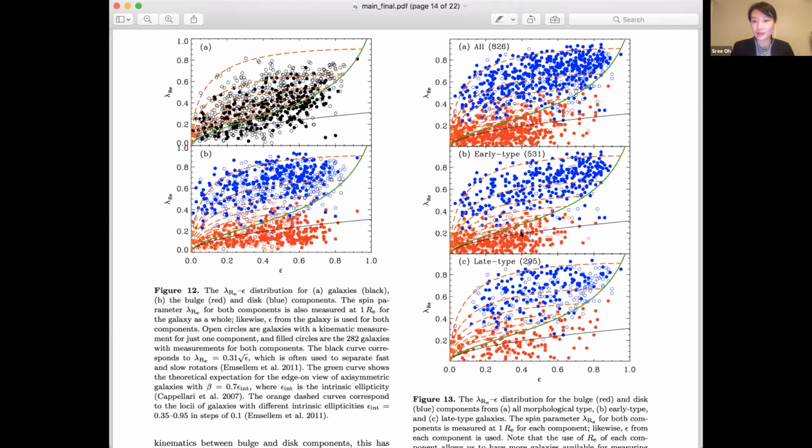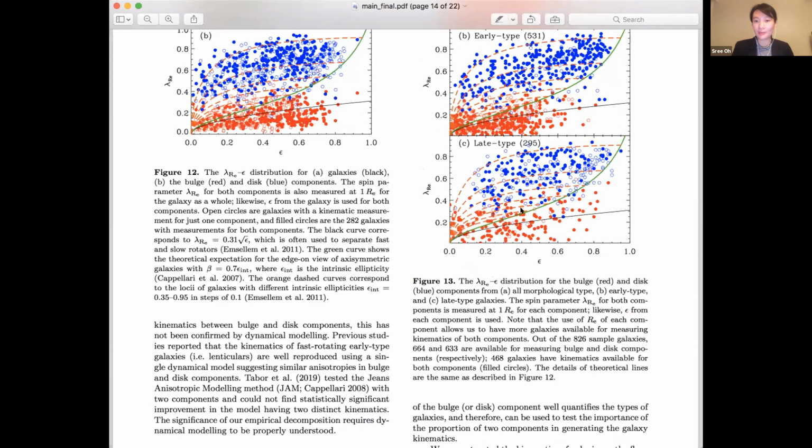Here the red dots are the bulge components and the blue dots are the disk component. And as you can see, for the early type galaxies, most of the bulge components are below this black solid line, which is the demarcation line for the slow rotators. So the bulge components of early type galaxies are actually slowly rotating.